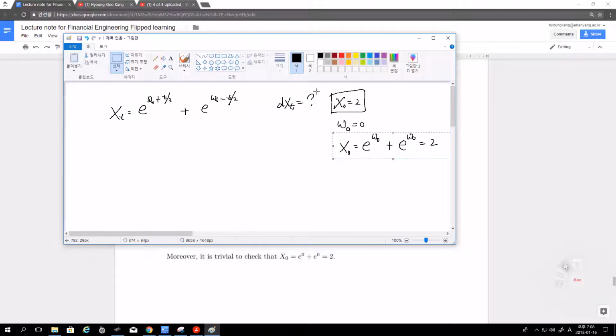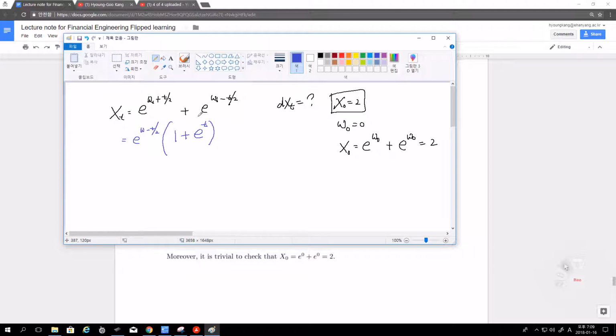Now this part seems slightly more difficult, so let me use some trick that people like in this kind of problem. The trick is that we decompose this one into 1 plus e to the power of t, right?